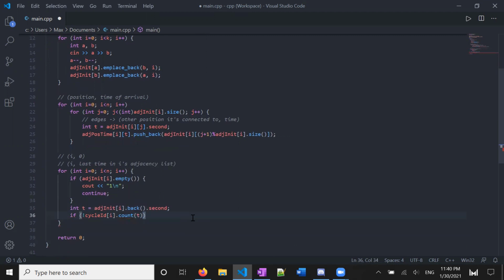If it doesn't already have a cycle ID, then we're going to go ahead and explore the cycle containing it right now.